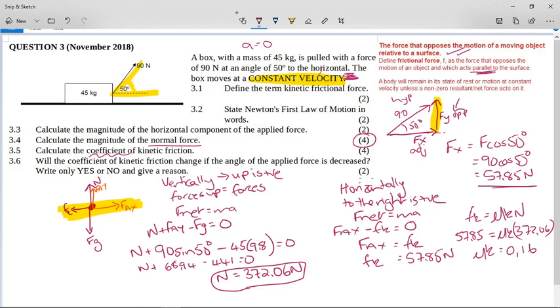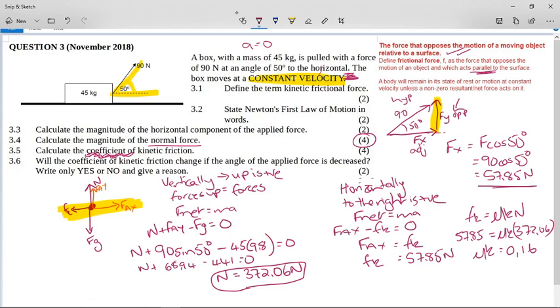So I'm going to round this off to 0,16. Now remember, the coefficient of kinetic friction is a ratio of two forces, so it has no units. You just leave it like it is, 0,16. Remember also, if you get an answer bigger than 1, you've done something wrong, because the coefficient of kinetic friction is nearly always a small fraction, which we write as a decimal fraction, obviously.